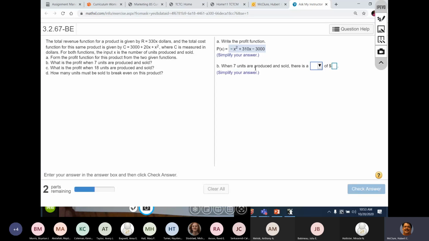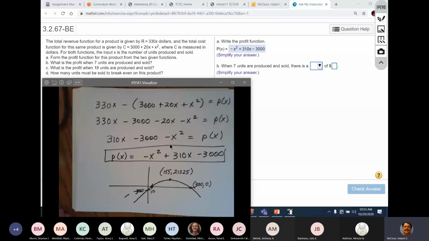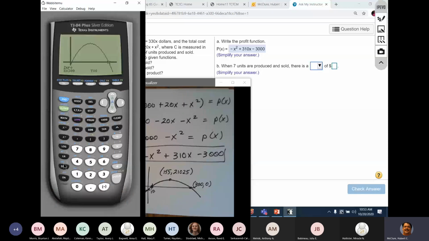When 7 units are produced and sold, well, units should be X. Okay, so let's look at 7 units. Let's pull up our handy dandy calculator and look for second table. Let's go find 7 units. 7 is negative 879.